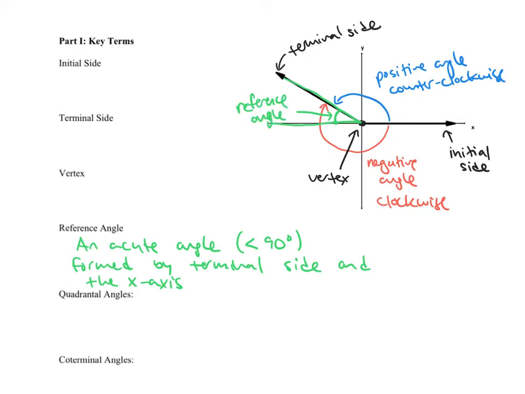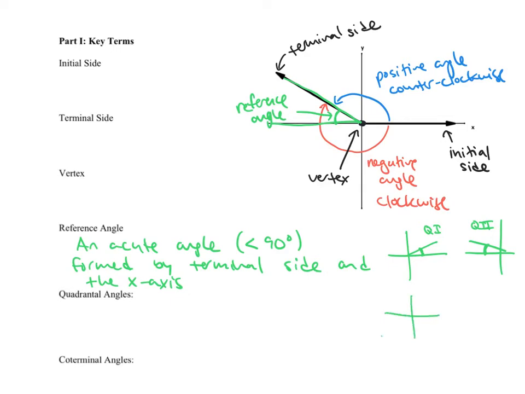So depending which quadrant the terminal side is in, if the terminal side is in quadrant 1, the reference angle would look like that. In quadrant 2, it would look something like that.